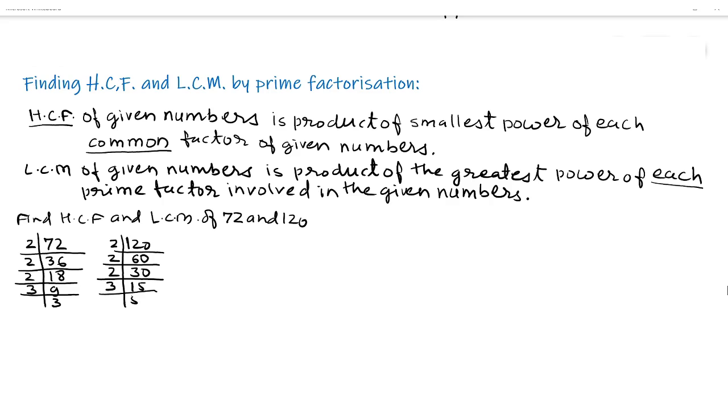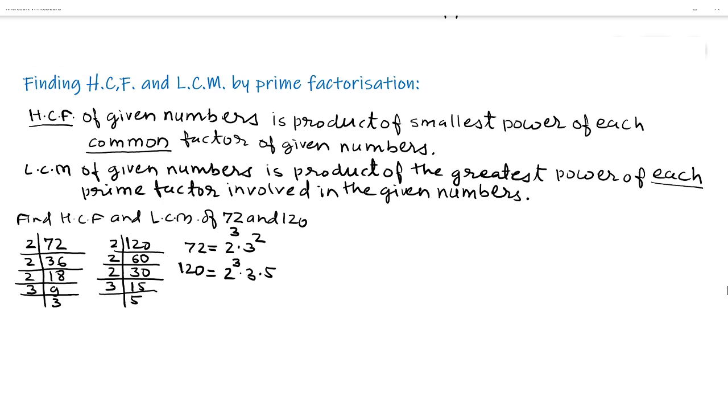This gives us 5. So 72 equals 2 to the power 3 and 3 to the power 2, and 120 equals 2 to the power 3 into 3 into 5. Now we have the prime factorization of 72 and 120.